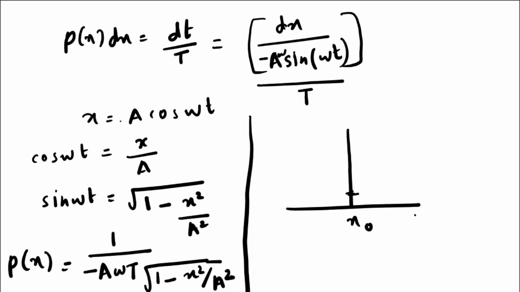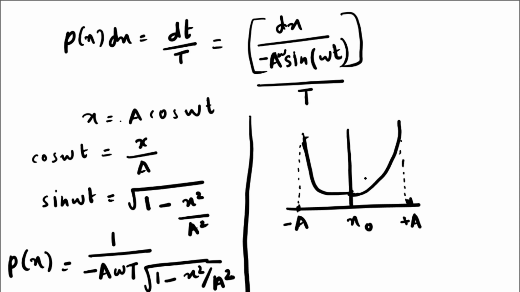At x is equal to plus A and minus A, x becomes A, then 1 minus 1, which means 1 by 0, so it becomes infinite. The probability becomes infinite at x equal to plus A and minus A. This is not proper, since the probability cannot become infinite. That is a drawback of classical theory in explaining the harmonic oscillator.